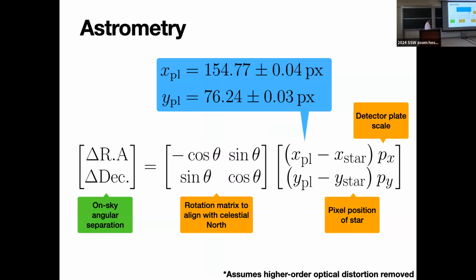So this conversion can be distilled down to a rather basic equation, taking our measurement of the location of the planet in pixels, the location of the star in the same image, and then some scaling factors to convert between pixels and arc seconds, a rotation matrix to account for this rotation between the coordinate systems, and that gives us our on-sky angular separation.